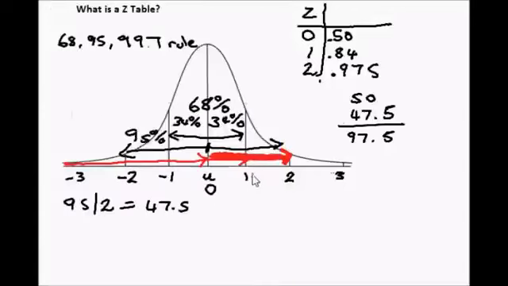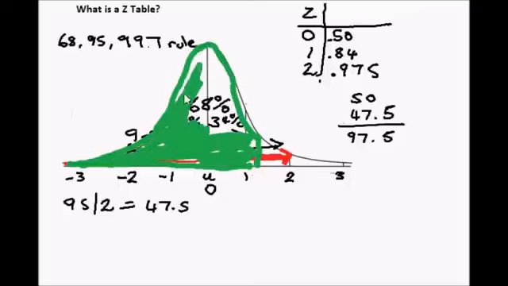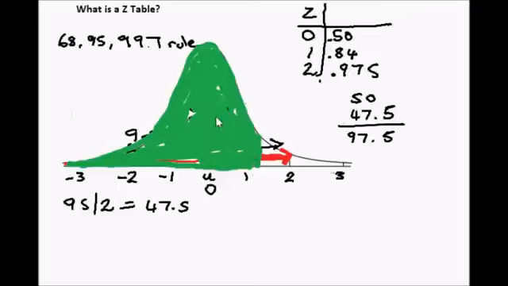So 1.23 is going to be somewhere between 1 and 2. Probably about here. So remember, the z-table is going from the left. So this is telling you that about 87 percent of the area is before 1.2 standard deviations.